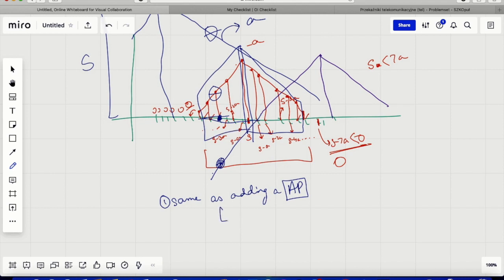So the constraint is that no term becomes 0, and there is a particular starting point. So basically we can incorporate this into saying that, okay, add this AP in a particular range.